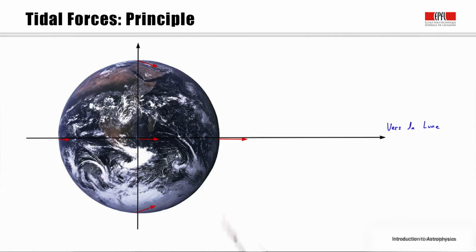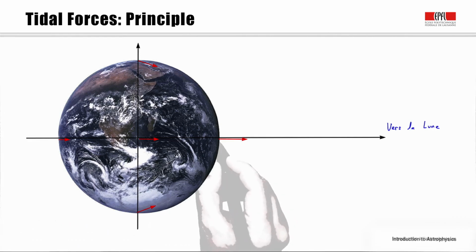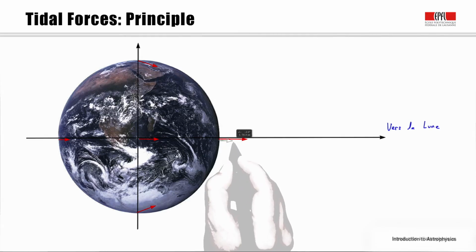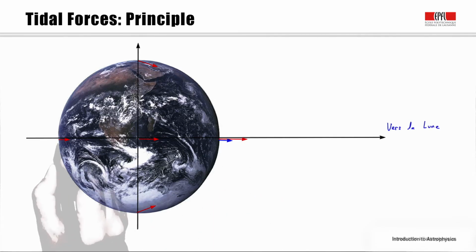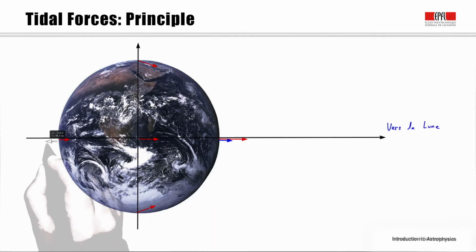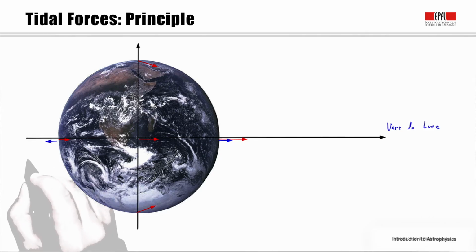If the difference between each vector at the border of the Earth and the vector at the center is taken, one can find the differential forces that were shown in a previous slide, both directed outward with equal norm, but with opposite directions. Those are the tidal forces in the Moon's orbital plane.